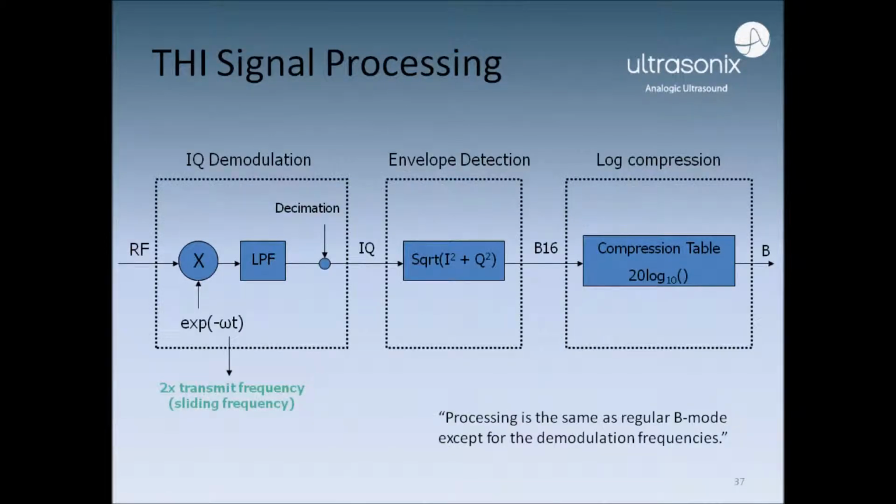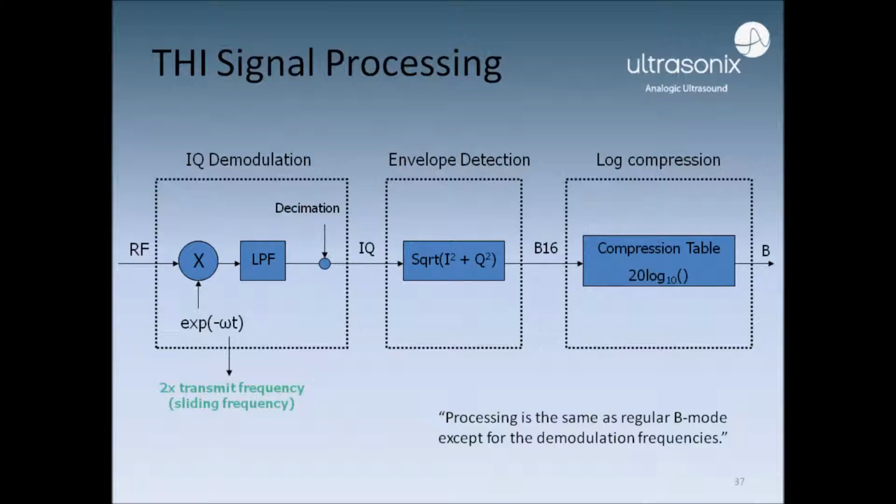Harmonic imaging is a method for acquiring enhanced B-mode images. There are two types of harmonic imaging: the tissue harmonics imaging or THI and pulse inversion harmonics or PIH. The pipeline for THI is similar to conventional ultrasound B-mode imaging.